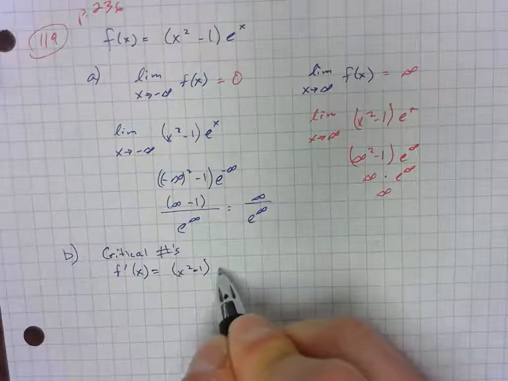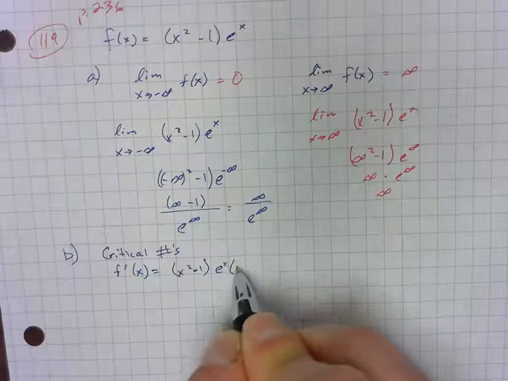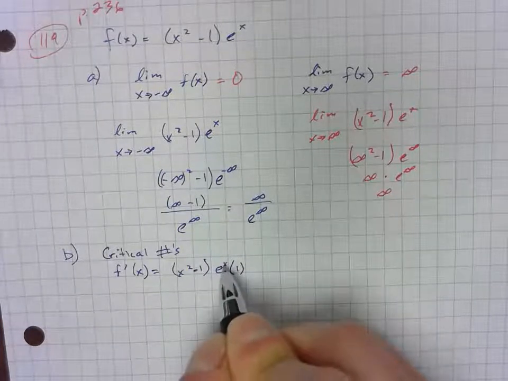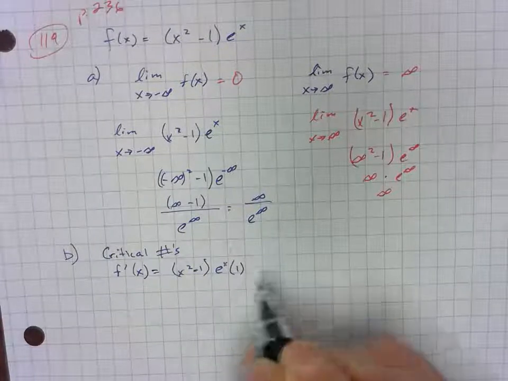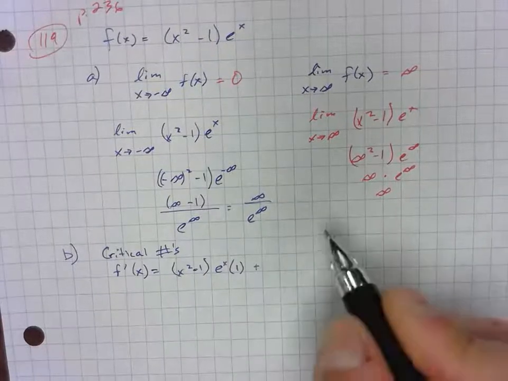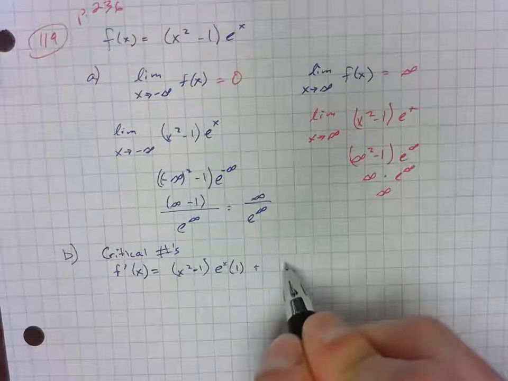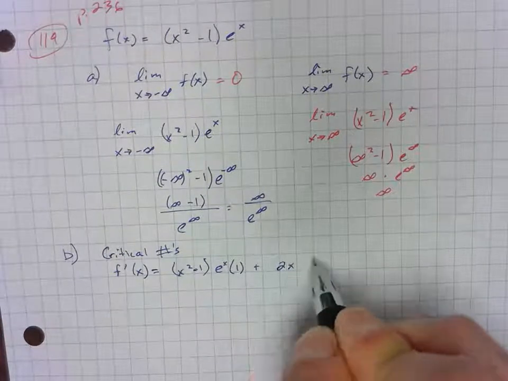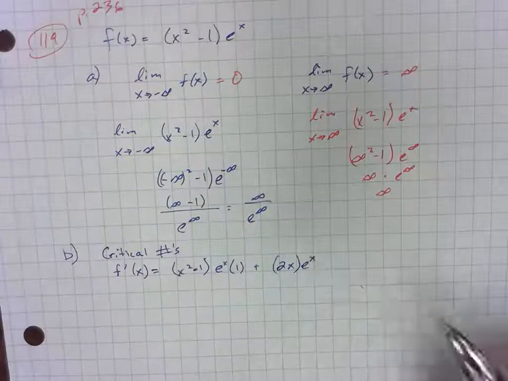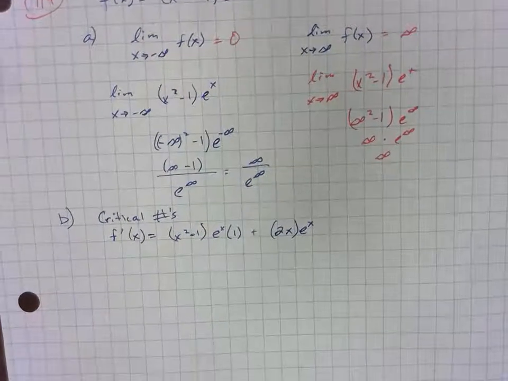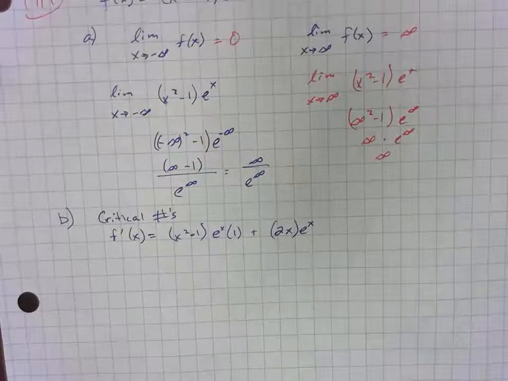The derivative of the second is e to the x times 1, because it's e to the x times the derivative of the exponent, which is just 1 in this case, plus the derivative of the first, which is 2x, times the second. That's the derivative of f of x.